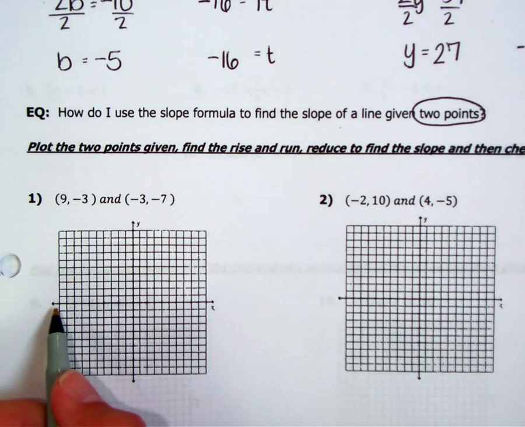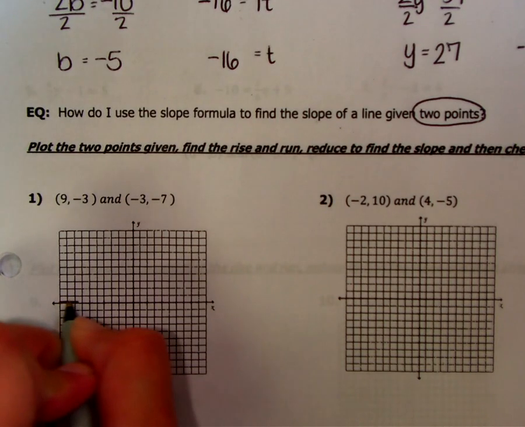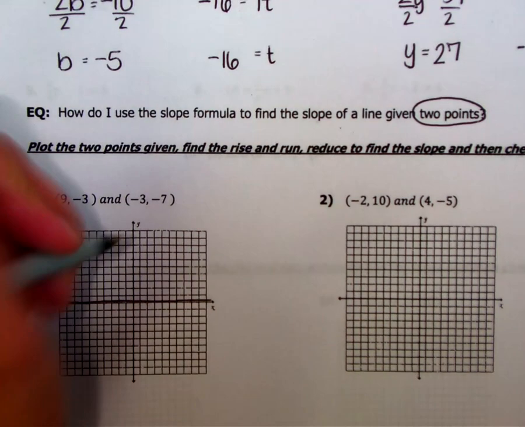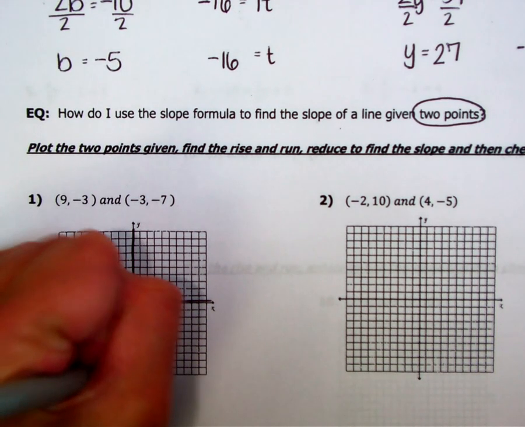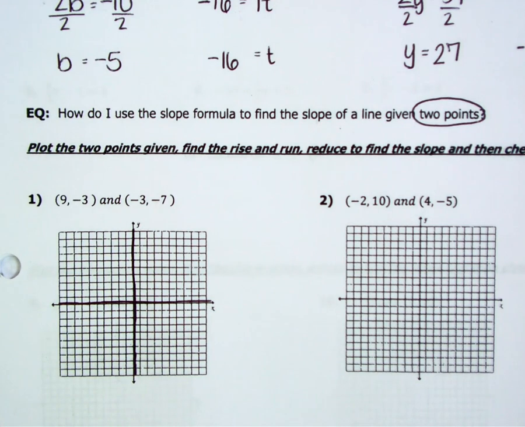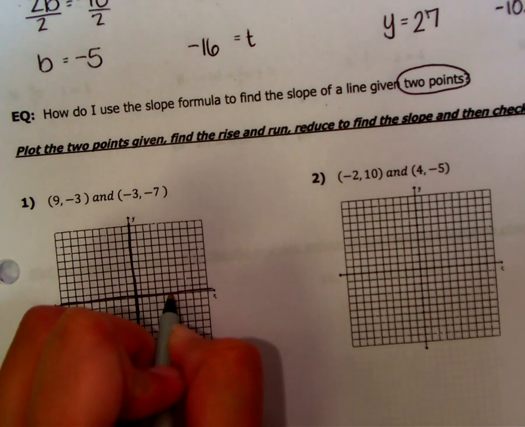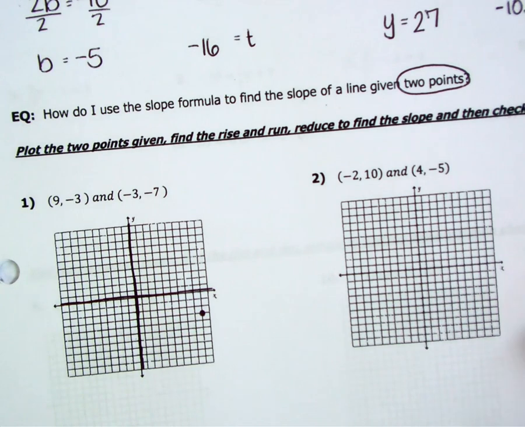Your X and Y axis are a little bit darker than the rest of your graph. If you want to fill it in, you can. Copying it isn't a perfect thing. All right, so we're going to plot our points, 9, negative 3. The grid is 10 by 10, so 9 is almost to the end.